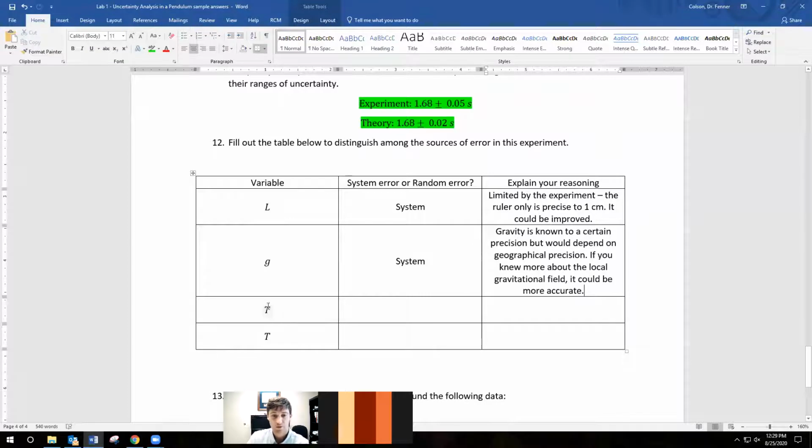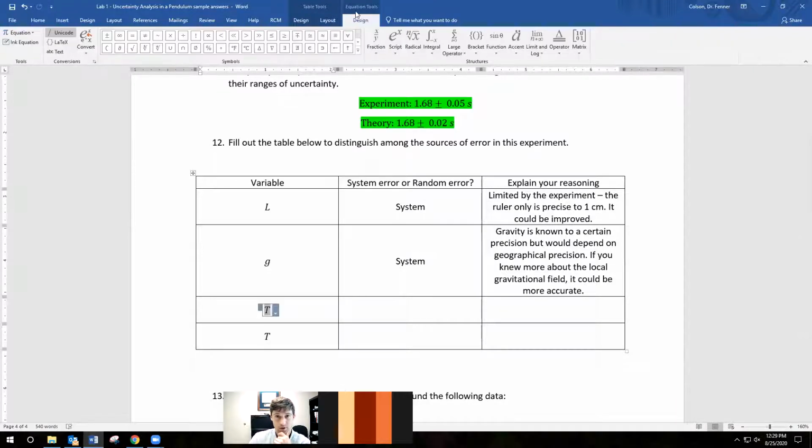And then for the period variable, I think I put 2 rows in here, one for the experimentally determined time and the theoretically determined time. I forgot to include the subscripts here. One of these should be the period determined experimentally, and the other was determined theoretically from the equation.